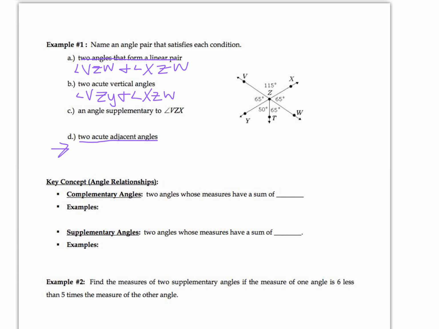I could also say this angle and this angle, they're both acute and next to each other. I could say this angle and this angle. So there's a lot of choices here. So let's just go with our initial one, this one and this one, right? So that would be angle XZW and angle WZT.